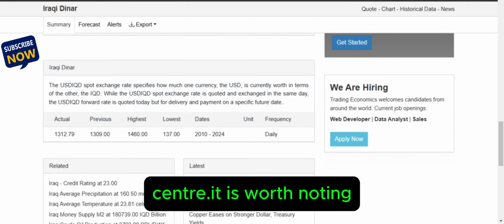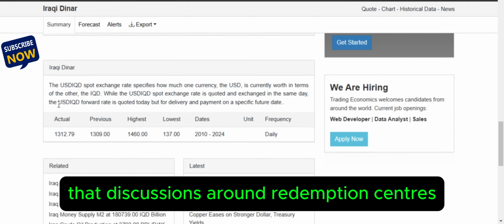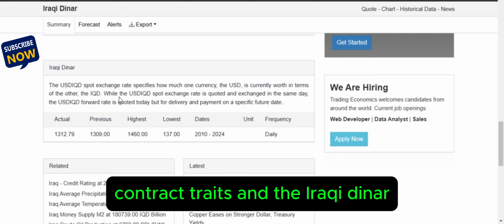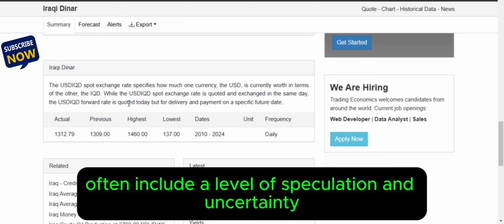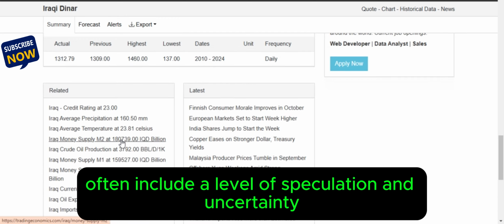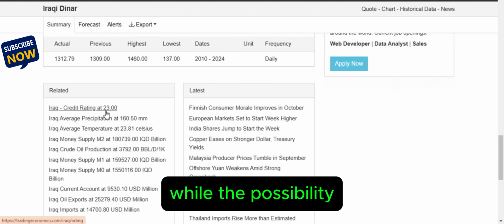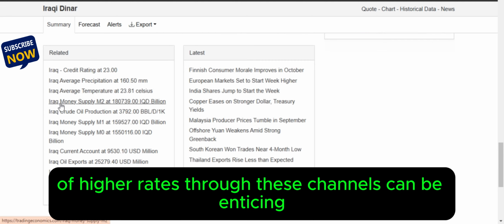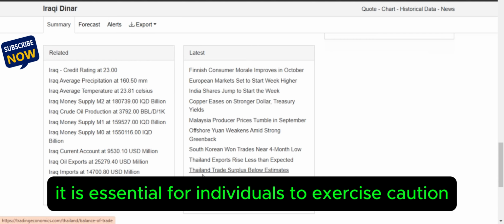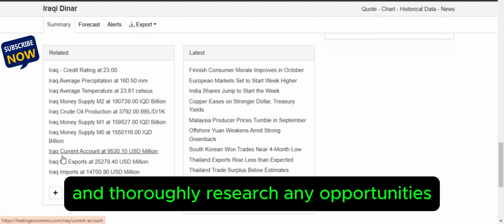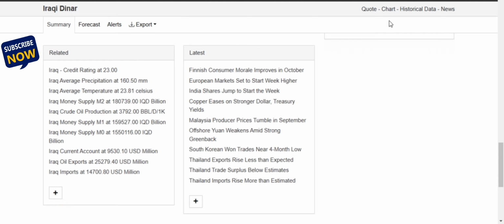It is worth noting that discussions around redemption centers, contract rates, and the Iraqi dinar often include a level of speculation and uncertainty. While the possibility of higher rates through these channels can be enticing, it is essential for individuals to exercise caution and thoroughly research any opportunities.